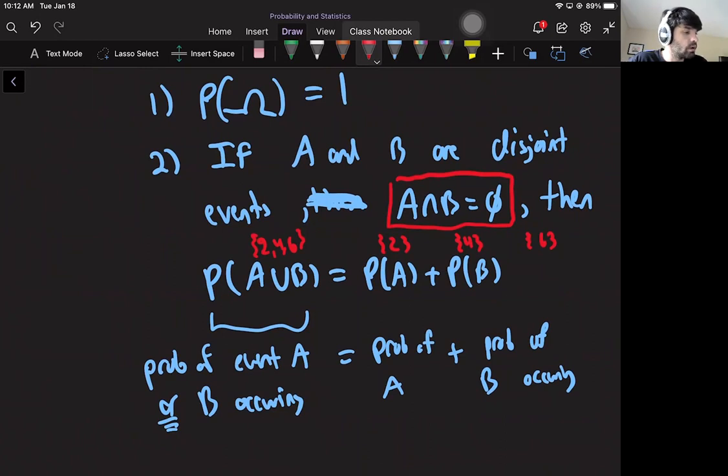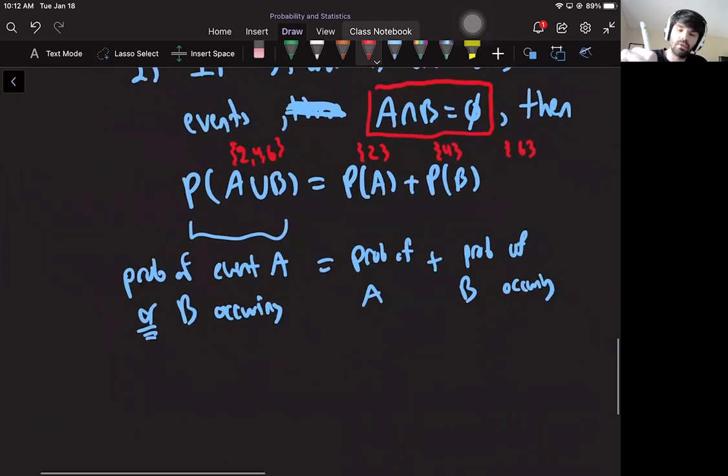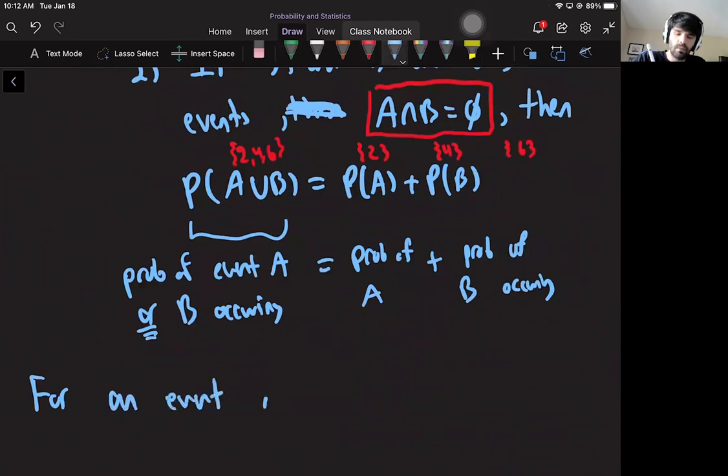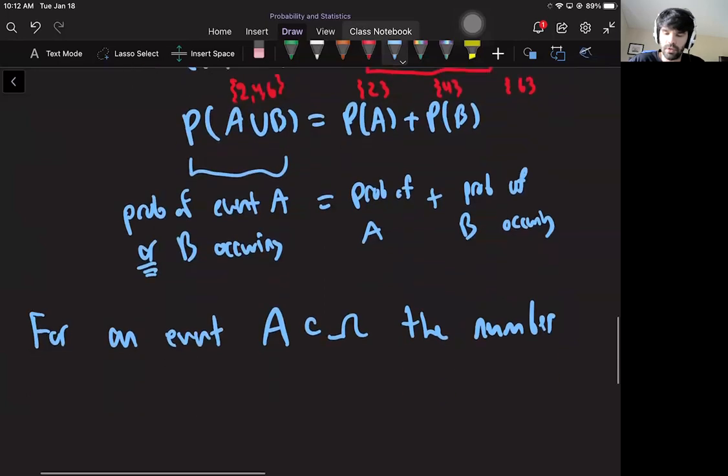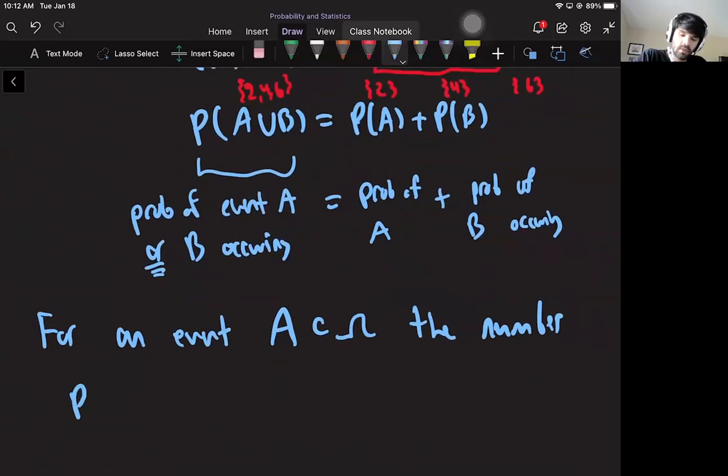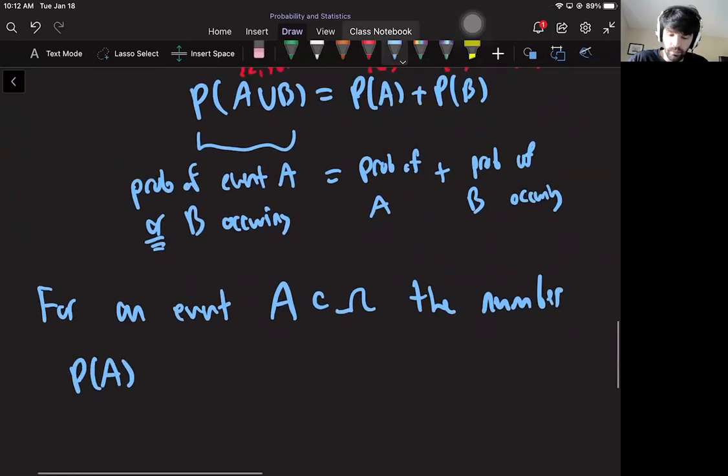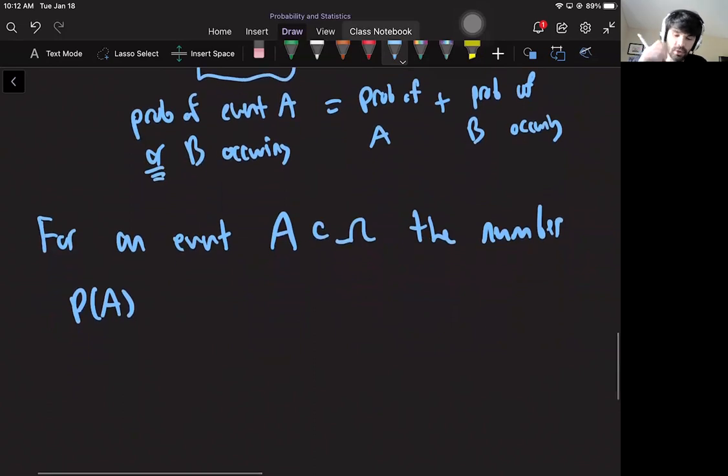Okay, so then just some more notation. So that's what a probability function is. But for an event A in the sample space, remember this is a function turning events into numbers. So this thing is the function with an event plugged in.